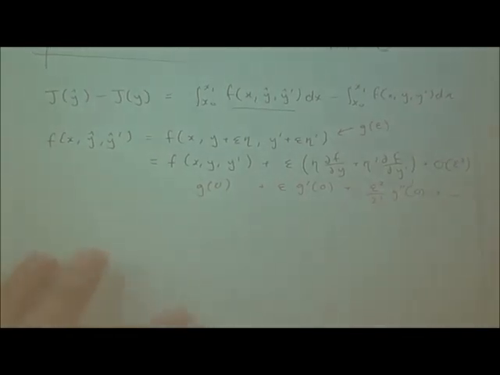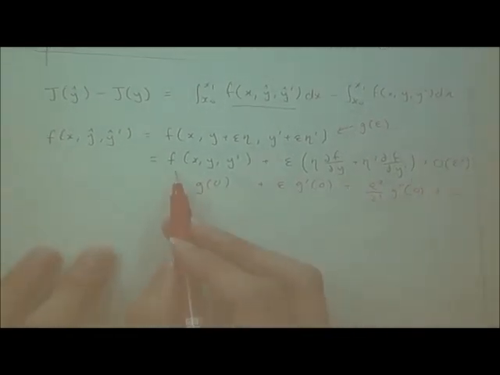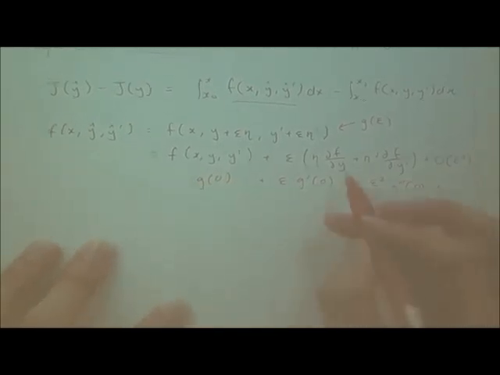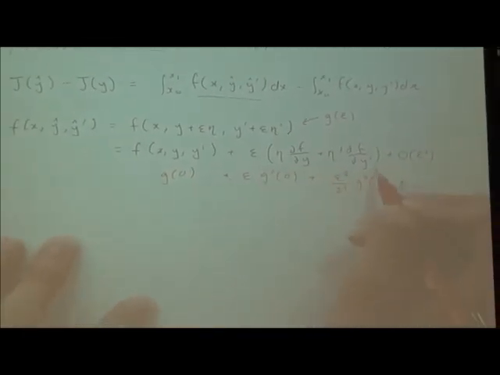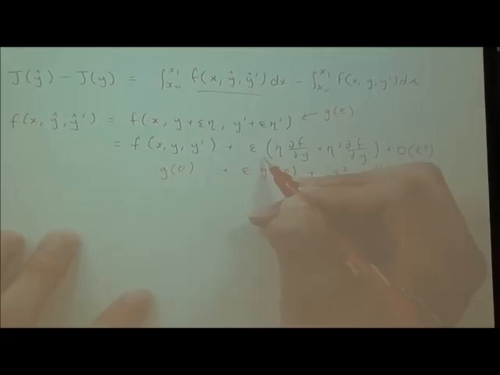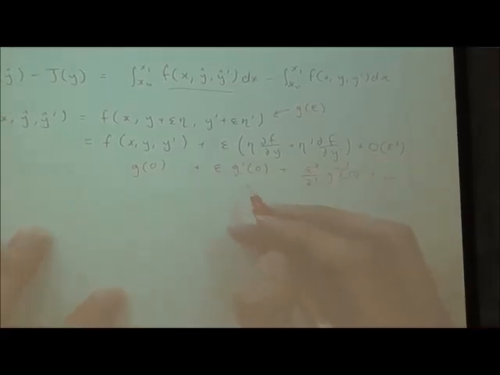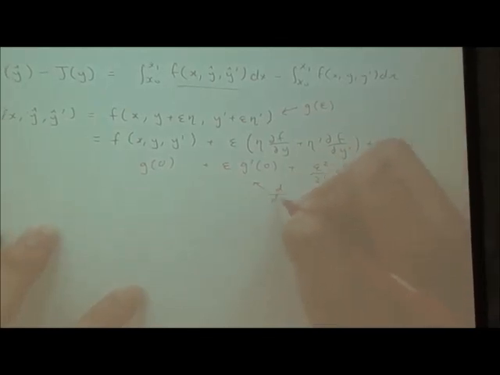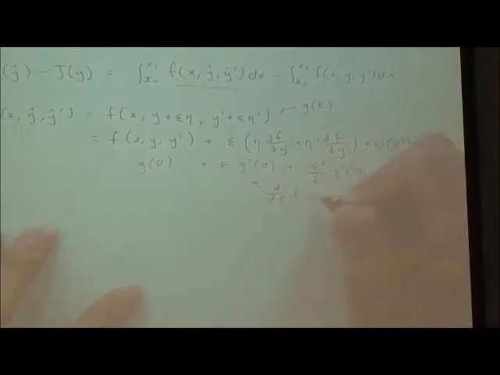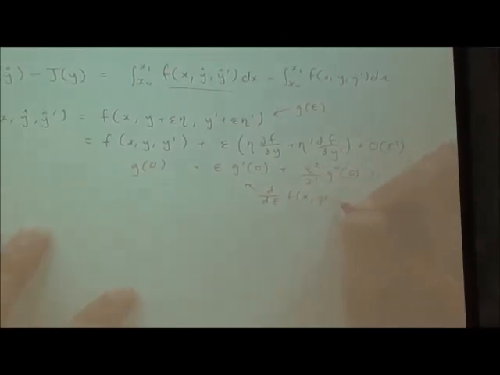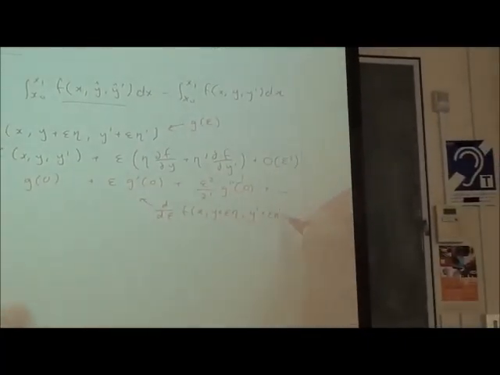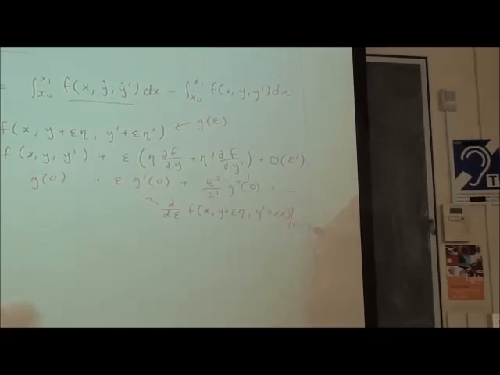Now you can notice g of 0 is just going to be f of x, y, y prime. Now this expression here is actually g dash 0 with the derivative taken with respect to epsilon. If you try to evaluate this, and you will need to use the chain rule to do this, evaluated at epsilon equals 0, then you'll get this expression.